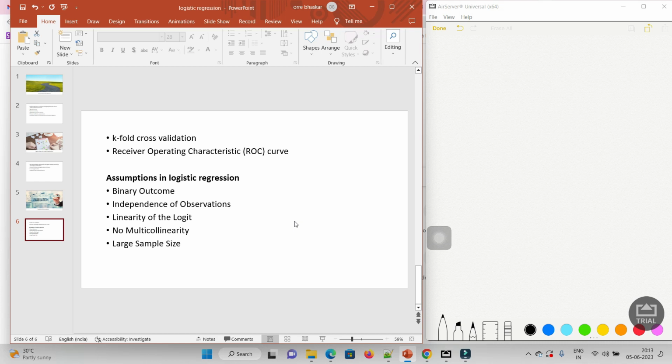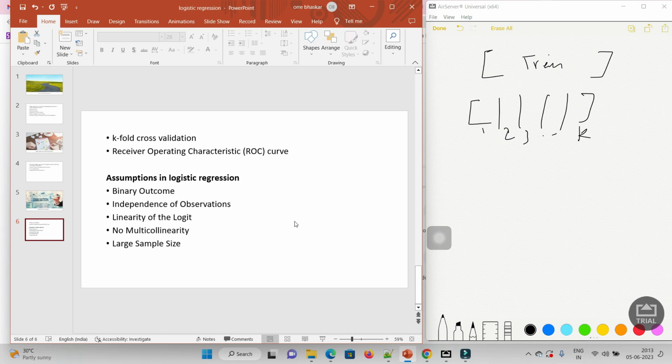K-fold cross-validation: split the train data into k folds. This is our train data. We split it into k folds, that means k equal parts. So 1, 2, 3, so on to k.